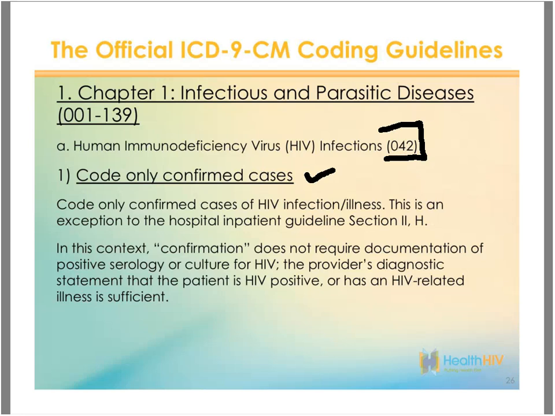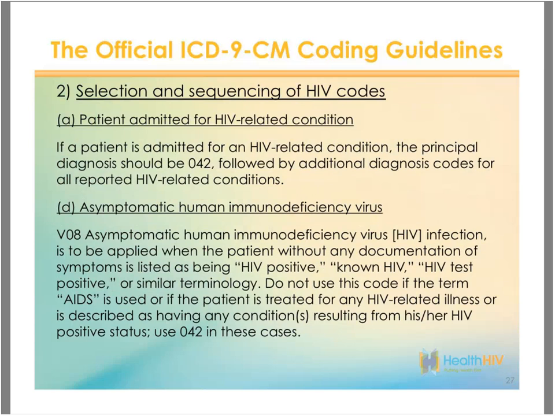So we would not report the diagnosis of 042 unless there is very clear, specific documentation that states that this is a confirmed case or a confirmed encounter for a patient who has AIDS or HIV infection.